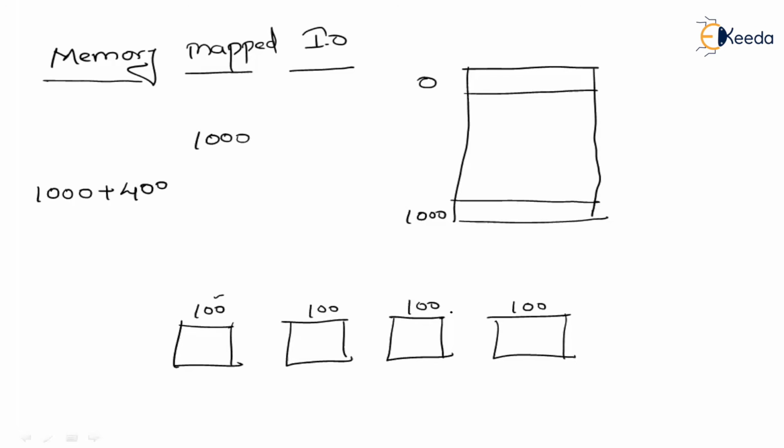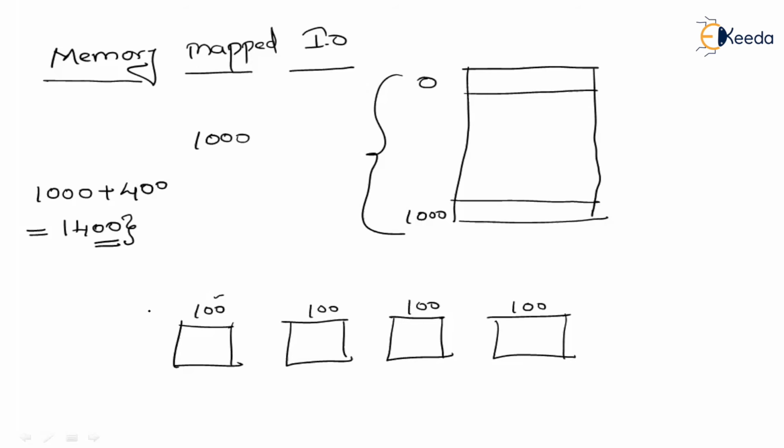That is, these locations are also main memory locations. So the CPU feels that it has a main memory of 1400, not just 1000, because it considers that the address spaces available at the interfaces are also part of the main memory.